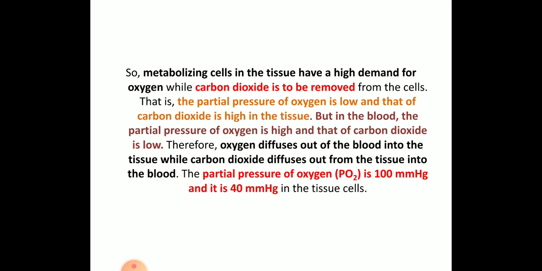Therefore, oxygen diffuses out of the blood into the tissue and carbon dioxide diffuses out. So this partial pressure of oxygen and carbon dioxide is maintained. That is how the partial pressure of oxygen will be 100 mm mercury and carbon dioxide 40 mm mercury. So this is how it will be in the tissue.